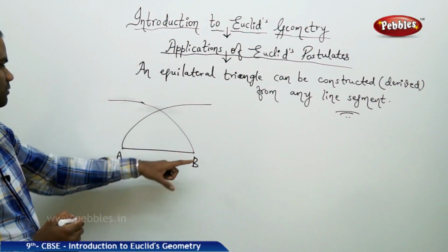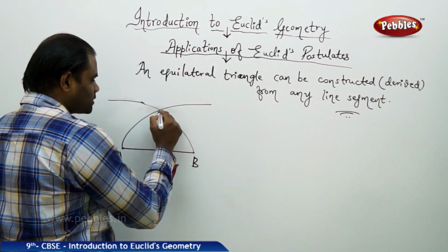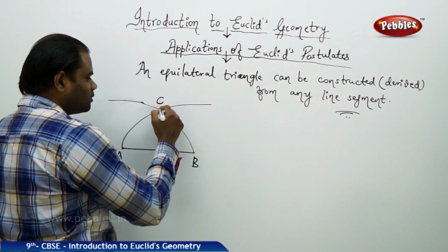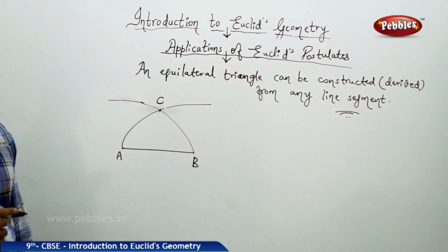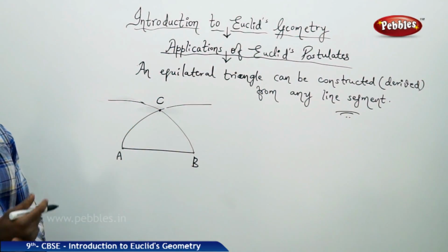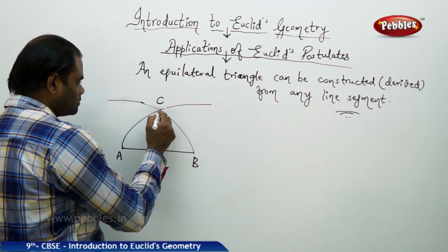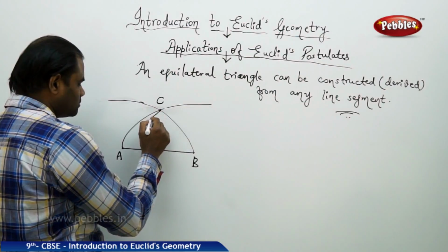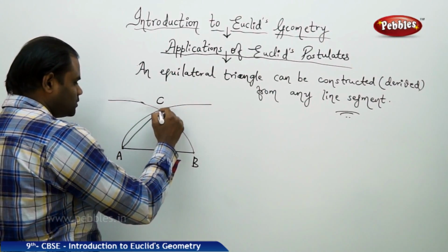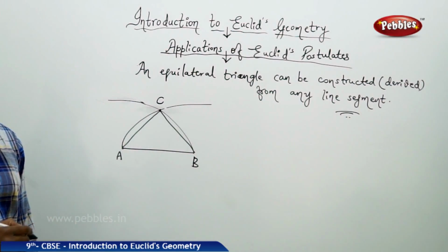So there are two circles formed here. Now this point of intersection was taken as a third point C. The two circles cut at one point of intersection, which is called the point C. Now as we join this, we get an equilateral triangle.